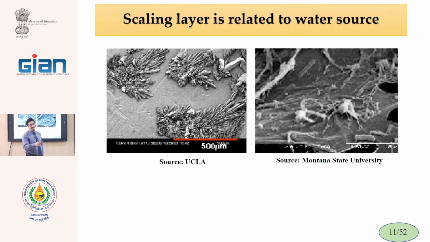Therefore, from one plant to another, the management of the system can be different, and the engineer can find the reason for the fouling problems and try to resolve them.